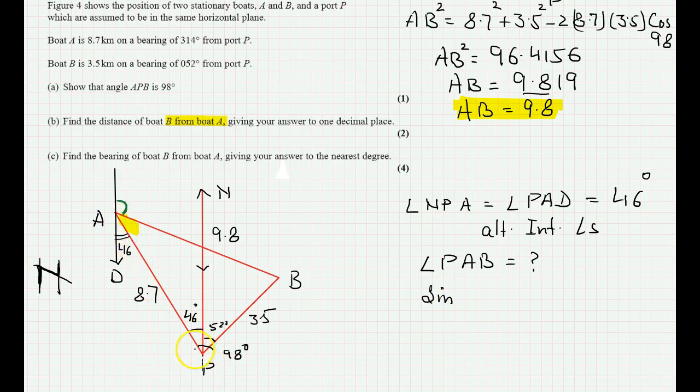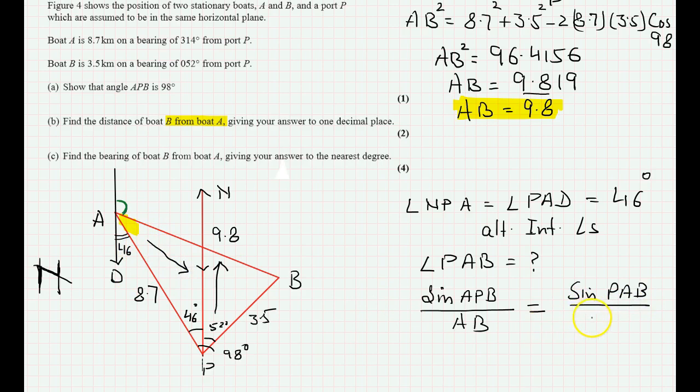Sine APB over AB, this angle and this side, is equal to sine PAB, the angle we have to calculate, over this side, that is PB.